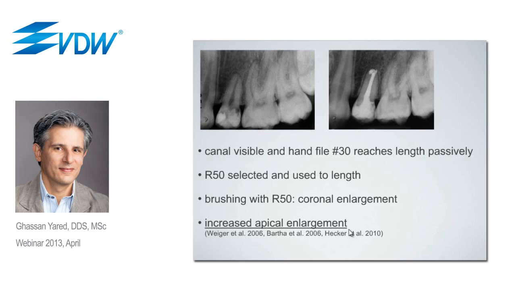This is a case where I increased the canal preparation size apically. I used here a number 70 hand file just after using the R50 to the working length. And again, this can be done very easily because of the difference in the taper between the hand instrument and the reciprocating instrument.